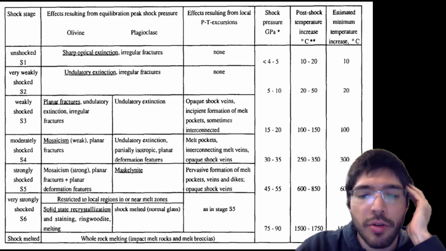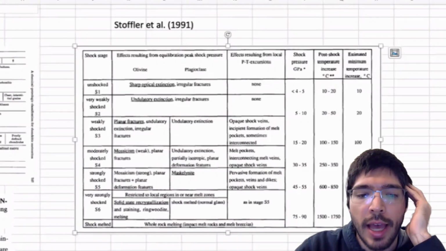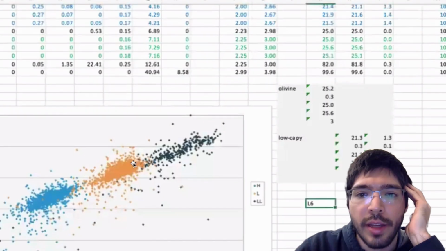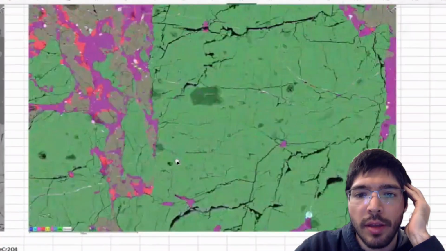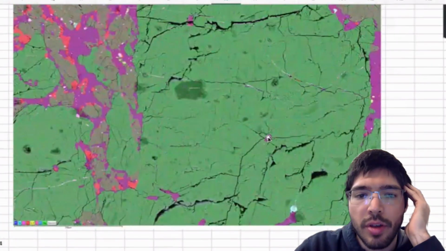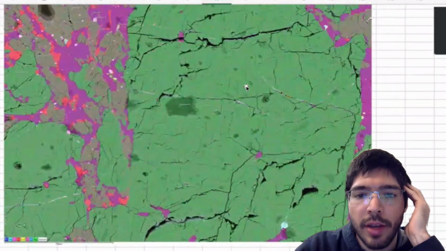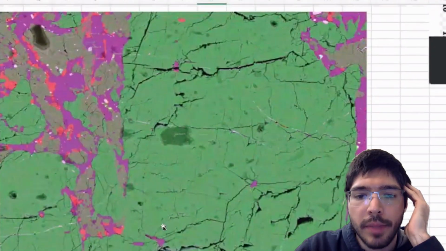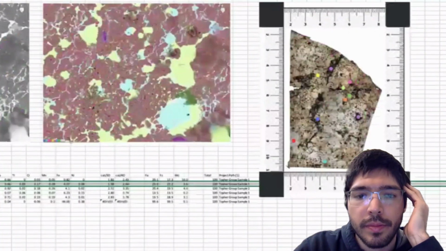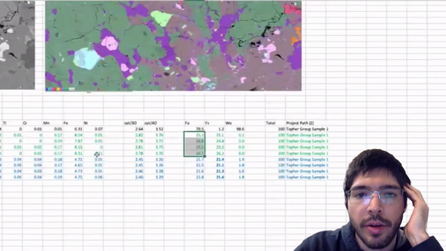Planar fractures just mean that if I'm looking at an olivine, and you can actually see these using these images, you see all these parallel lines right here, some of them running this way, some running this way. Let's see if we can find another area right here.